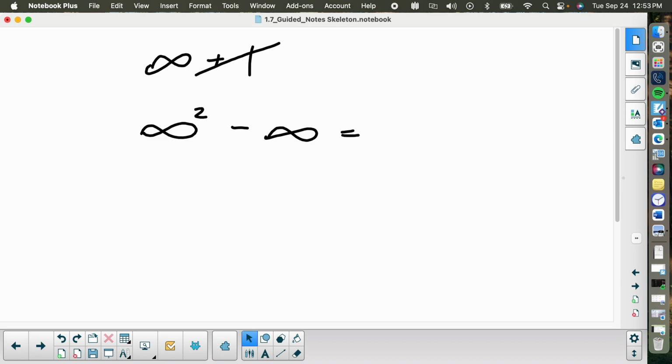But on this one, minus infinity is so much smaller than infinity squared that it's worthless. It's kind of like the plus 1 up there. Plus 1 is so much smaller than infinity that it doesn't change anything.